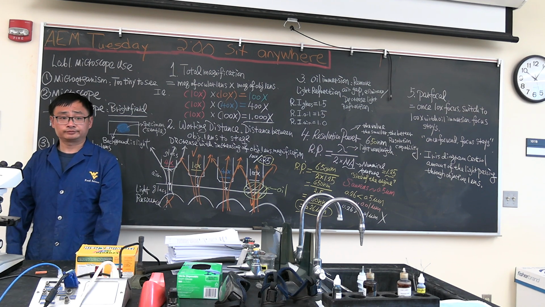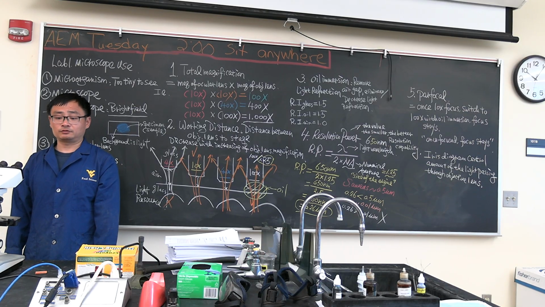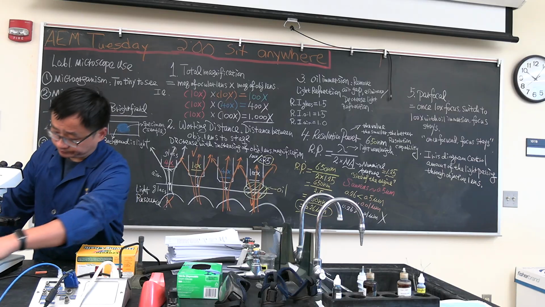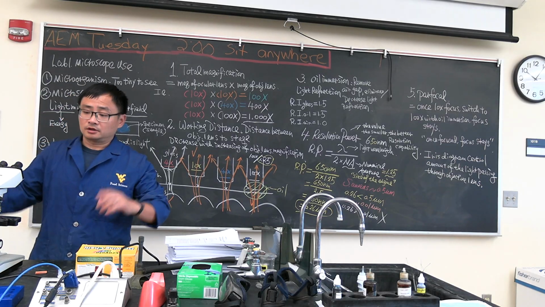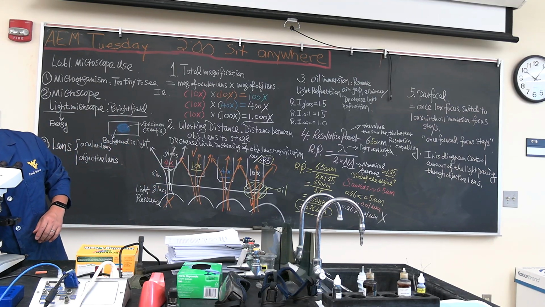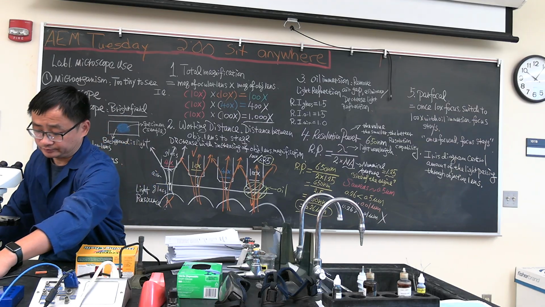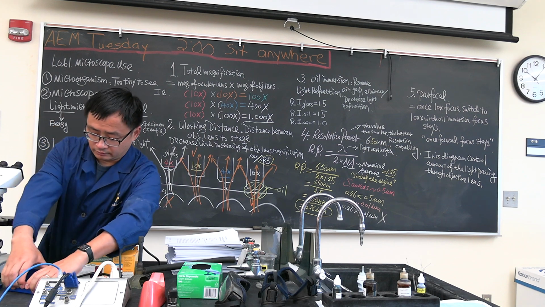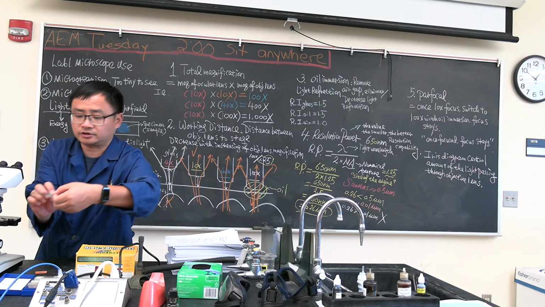Then can you use it? Some people can, some people not. Okay, so what we're going to do, I'm going to do an example for you. Today's work is very straightforward. Everybody will do 2 observations with the microscope. You will get Staphylococcus aureus.